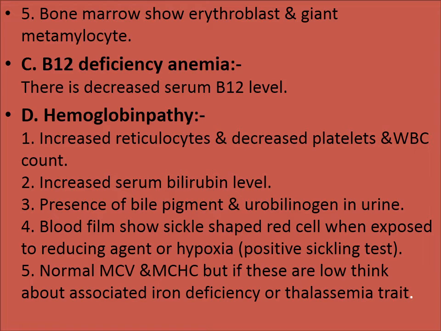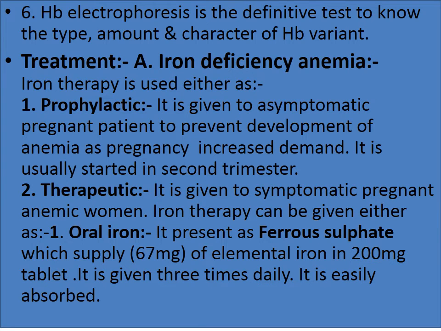There is normal mean corpuscular volume and mean corpuscular hemoglobin concentration, but if these are low, think about associated iron deficiency or thalassemia trait. Hemoglobin electrophoresis is the definitive test to know the type, amount, and character of such hemoglobin variant.